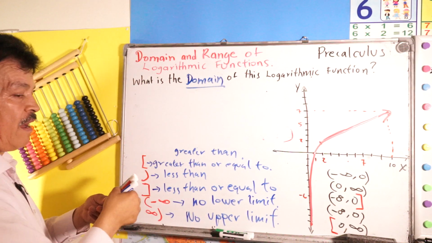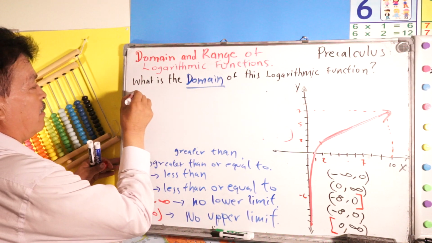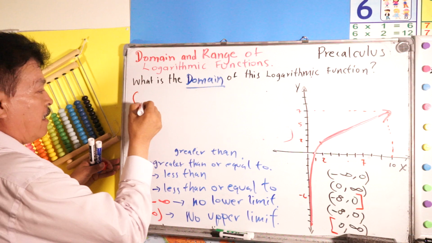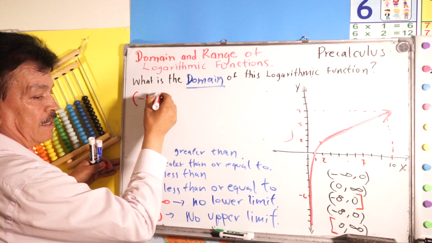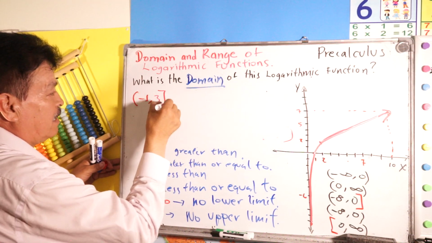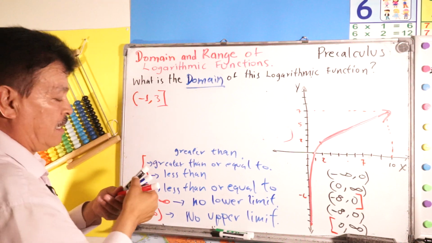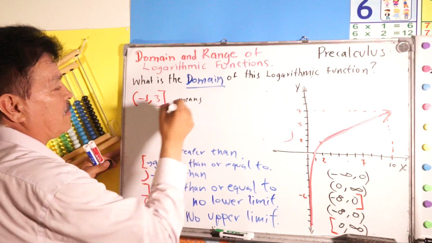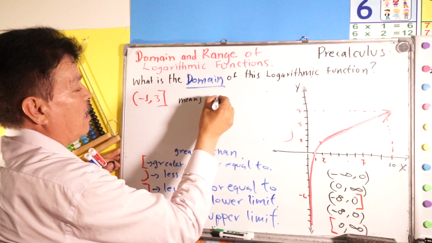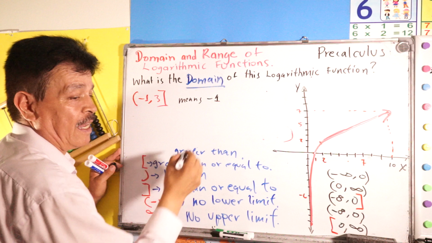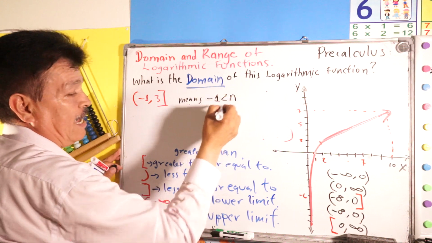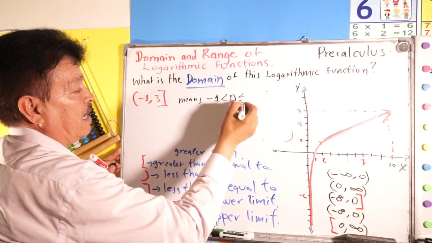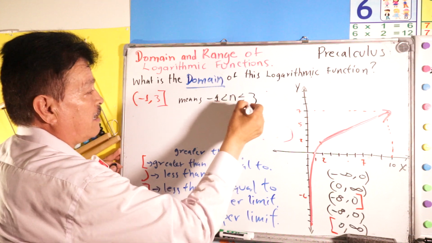When you have, for instance, one case like -1 and 3, and this way, this means here -1, less than n, less or equal than 3.